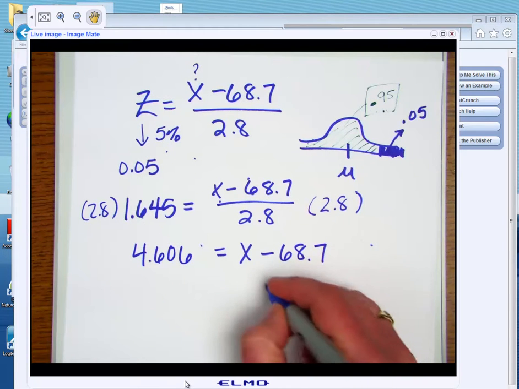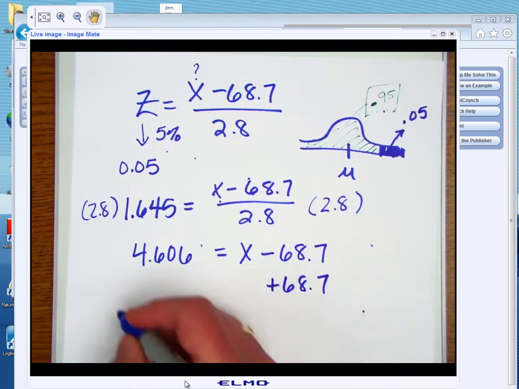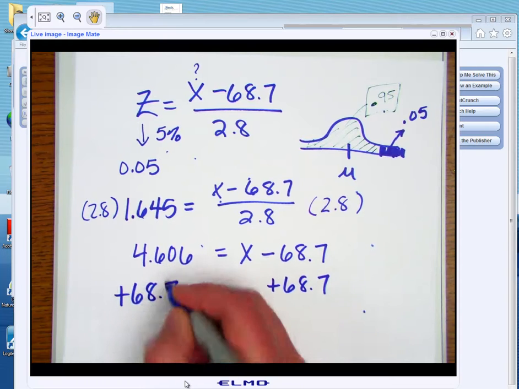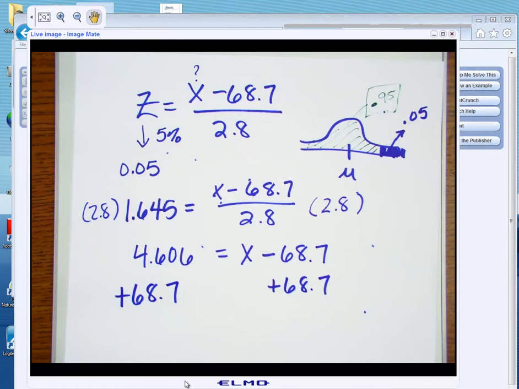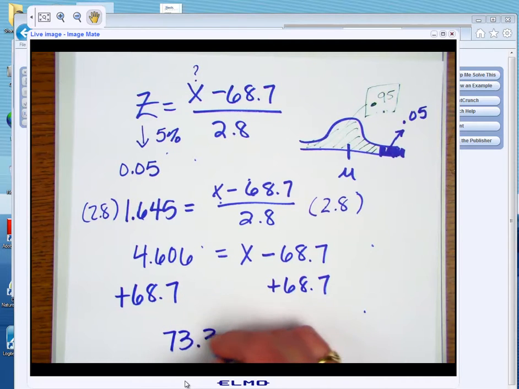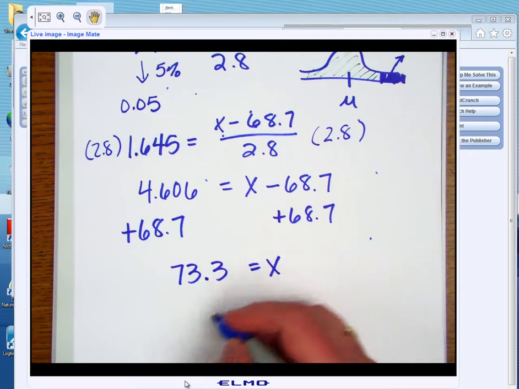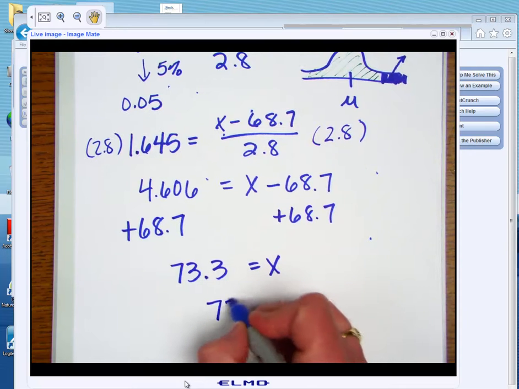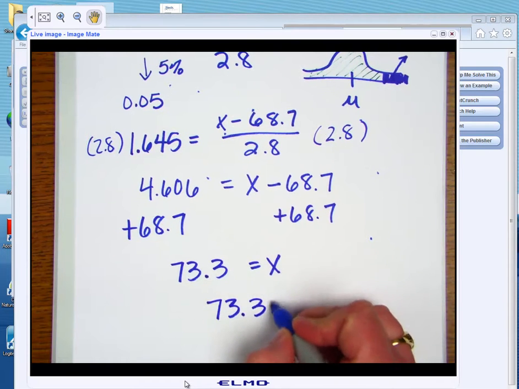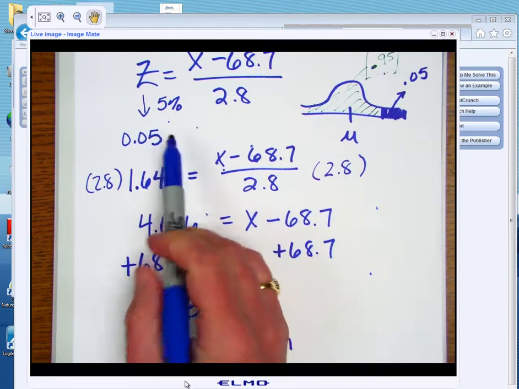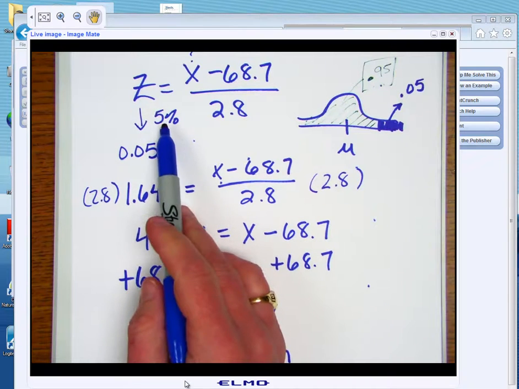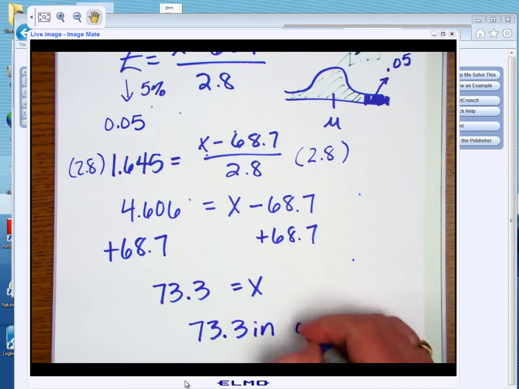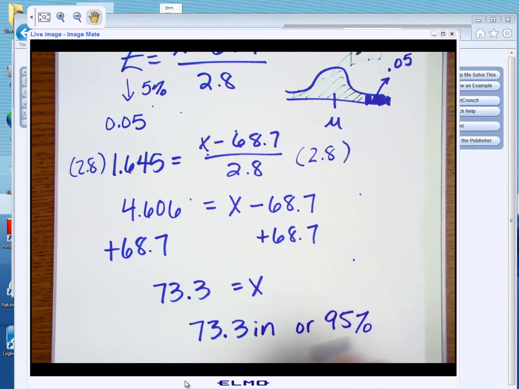And last, I'm going to add 68.7 to each side, and I get a value of 73.3 equals x. In other words, if they make a doorway 73.3 inches, it will guarantee that 5% of the population will have to bend down, or 95% of the population will fit through with no problem. I hope this helps. Let me know if you need more help.